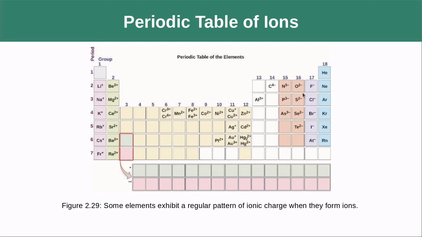Over here, though, oxygen wants to gain 2 electrons to be like neon. Chlorine wants to gain 1 electron to be like argon, and so on and so forth. So we get this definite pattern here to how these are going to happen. And then the transition metals are just pretty much unpredictable. We really don't know what kind of charges we're going to find on those guys.